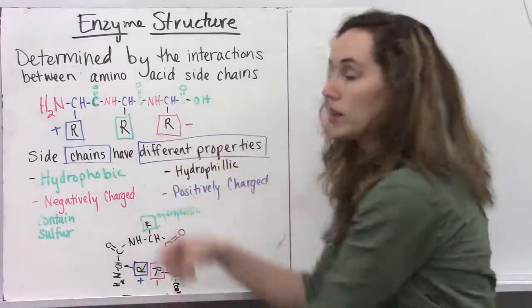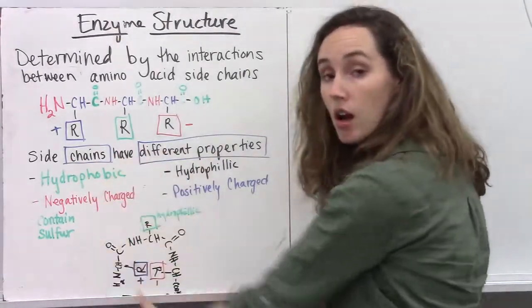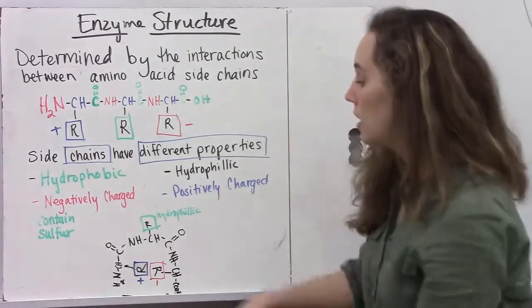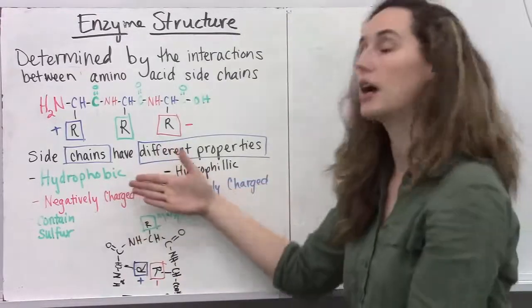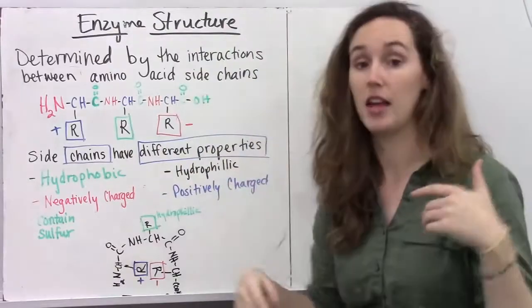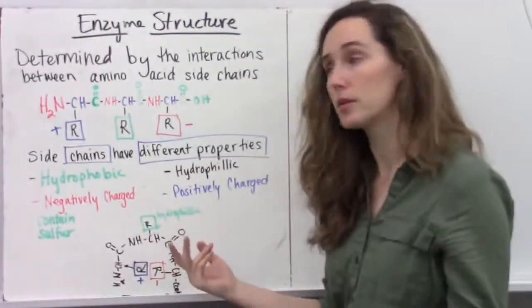And since the middle one was hydrophilic, meaning it likes water, we're assuming that this is a water environment, for example, the cytoplasm of a cell. That side chain is going to move towards the outside in order to be close to water. If it were hydrophobic, it would have wanted to stay inside and away from water.